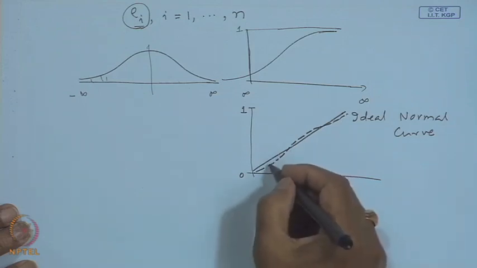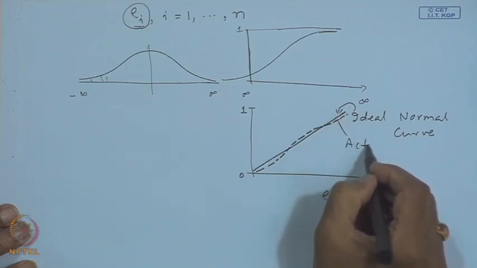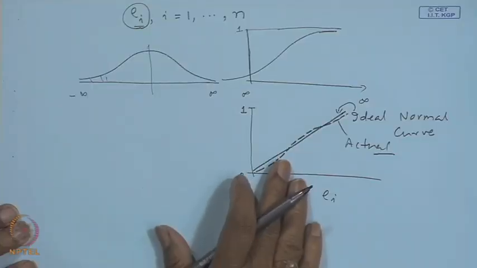The extent of deviation between this normal and this actual indicates to what extent the normality assumption is deviated in the data. So, this normal probability plot basically is done in this manner.